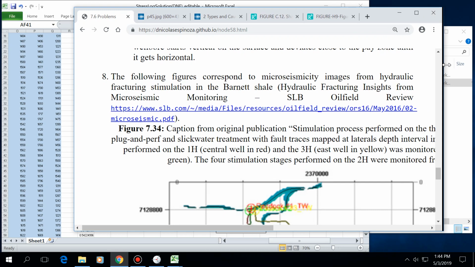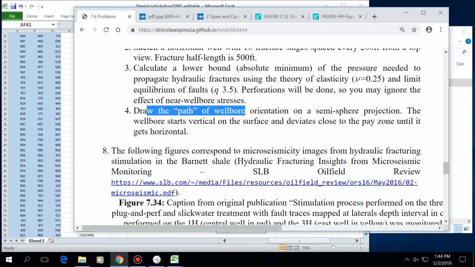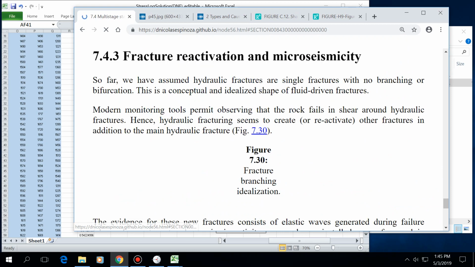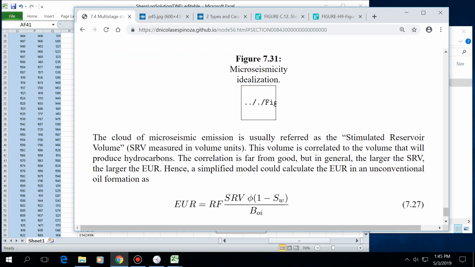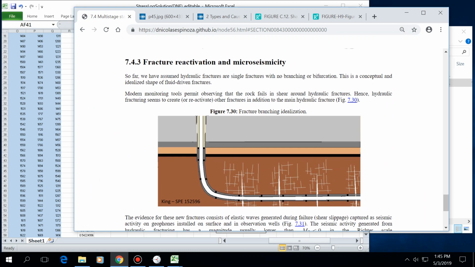So let's talk 5 minutes about microseismicity. Probably I won't finish today, but let me check something over here that I want to make sure is available for you or not. For some reason, my computer also, I cannot see this figure 7.31. But let me tell you what that figure is.